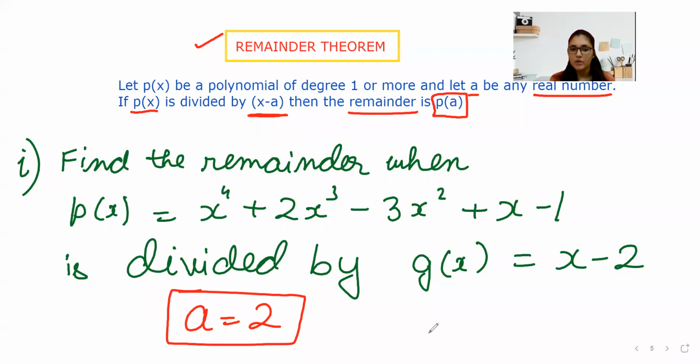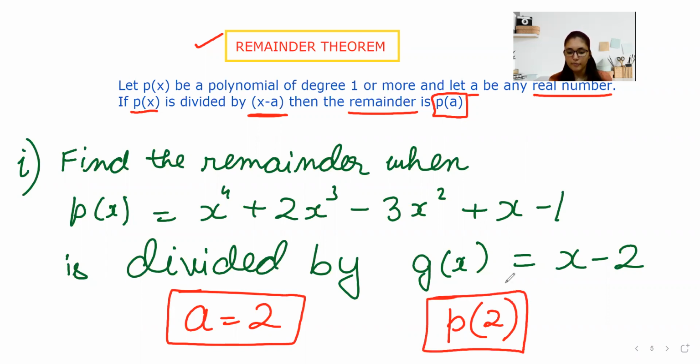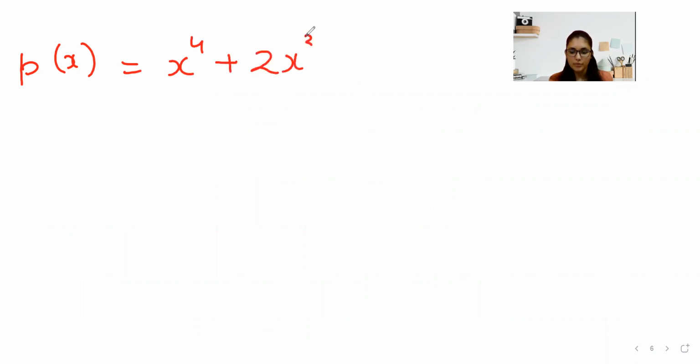That is p(a). Our remainder will be p(2), the value of this polynomial when x equals 2, since a is 2. So let's calculate this. First let's write our polynomial: x to the power 4 plus 2x cubed minus 3x squared plus x minus 1.